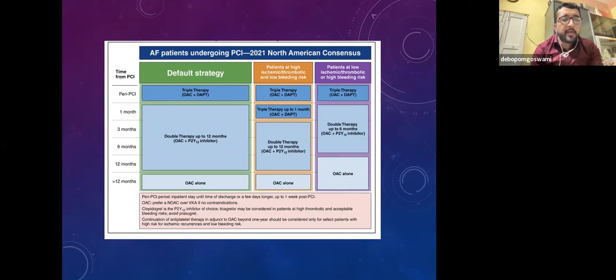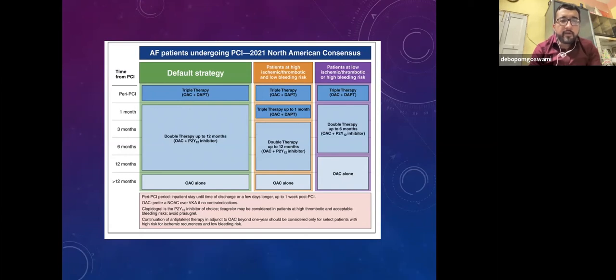If the patient has a high thrombotic risk, we shift the triple therapy to up to 1 month. And after that, up to 12 months, we again shift him to the double therapy. And after 12 months, we give the patient an oral anticoagulant alone. If the patient is at a low ischemic risk or a high bleeding risk, we give the triple therapy for 1 week only.